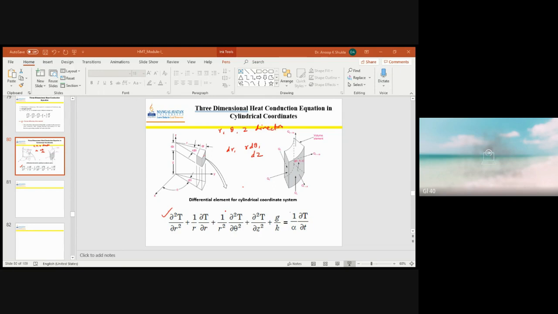Similarly, on the right face we have taken temperature T2, so we can express the boundary condition in mathematical form as: at x equal to L, T(x,t) becomes T2. So this is the prescribed temperature boundary condition for a plane wall of thickness L.